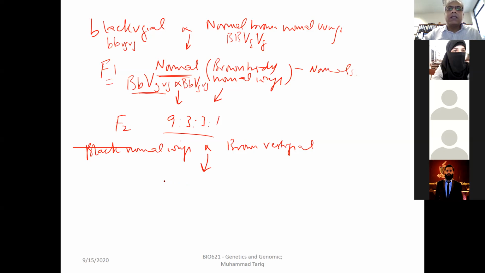What does he expect? What will he get? Hassan Sajjad? Yes, sir. He'll expect 9:3:3:1. No, sorry. He will expect normal ratio. No, when you cross black body color normal wings with brown body color vestigial flies, what will be F1?